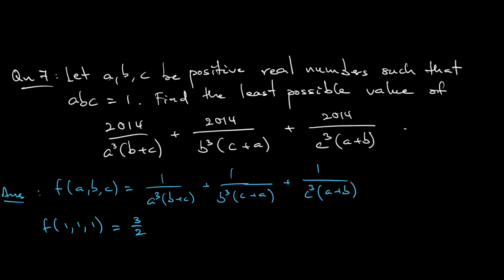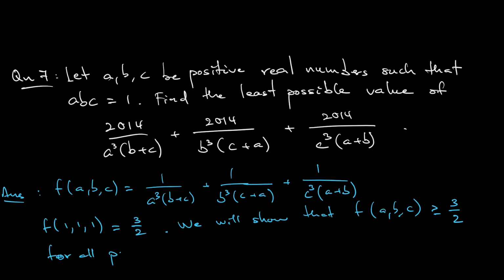So we will show that whatever a, b, c is, the function will always be greater than or equal to 3 over 2, for all positive a, b, c, to be precise, with the condition that the product is equal to 1.